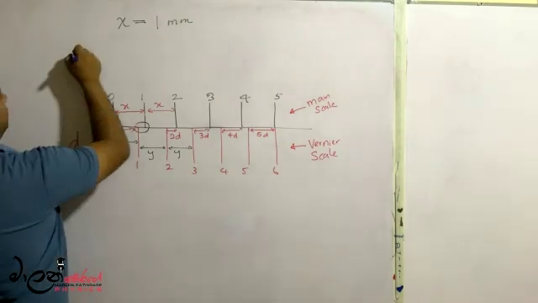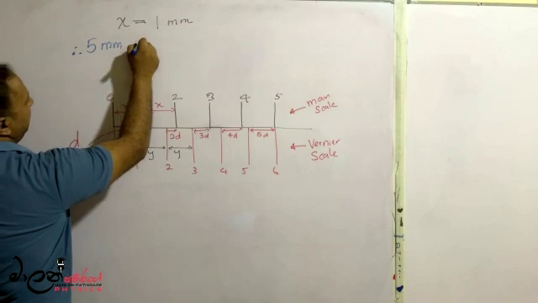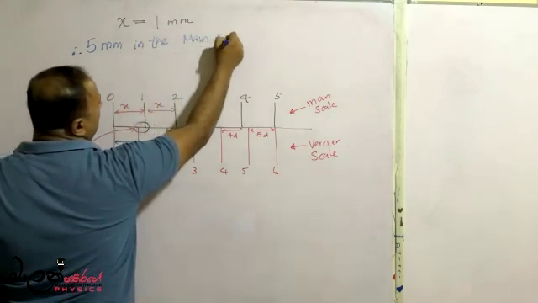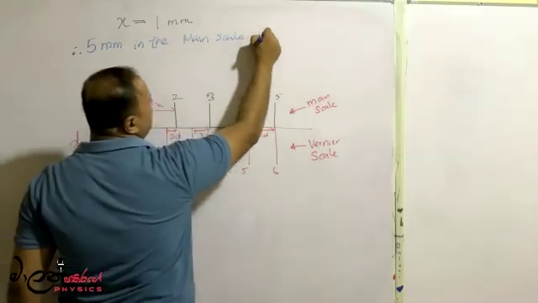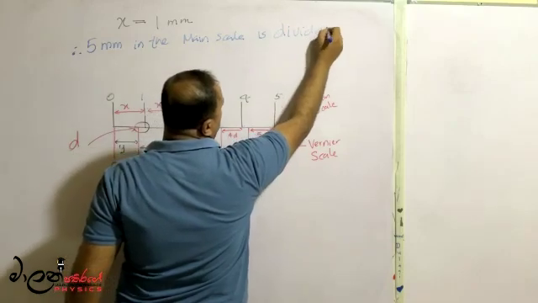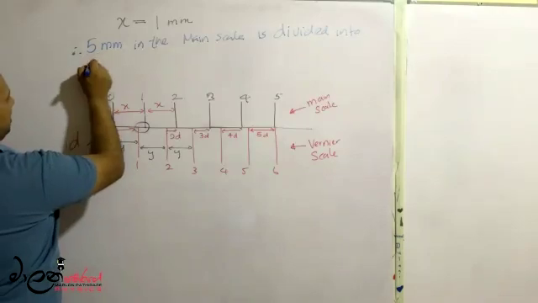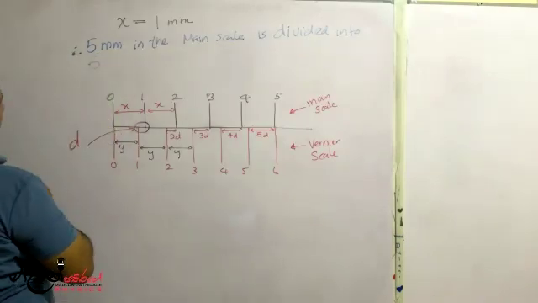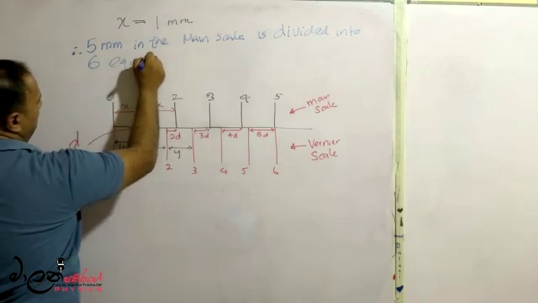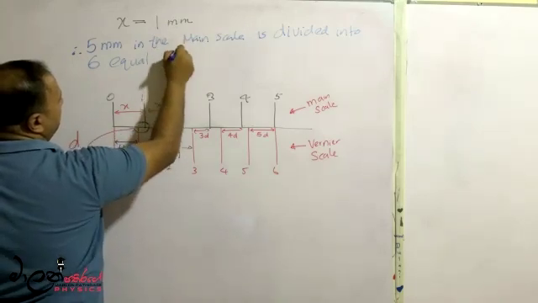Therefore, 5 millimeter in the main scale is divided into 6 equal divisions.